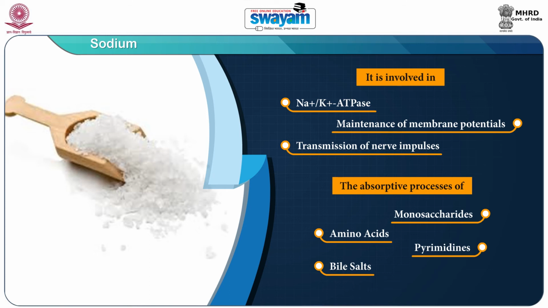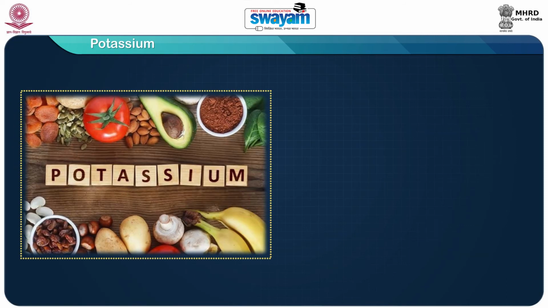Now, learners, we do have to remember here that if the sodium content of the diet is high, it aggravates hypertension. So, the benefit of sodium in the diet is at a low intake, where it helps in blood pressure reduction.